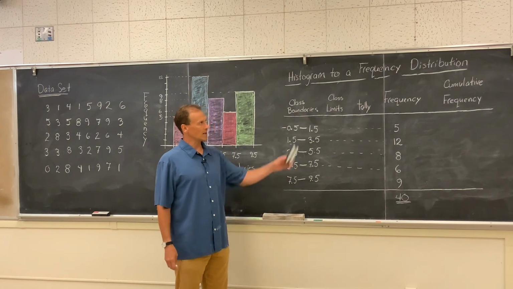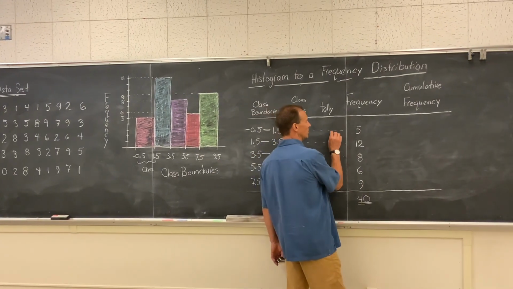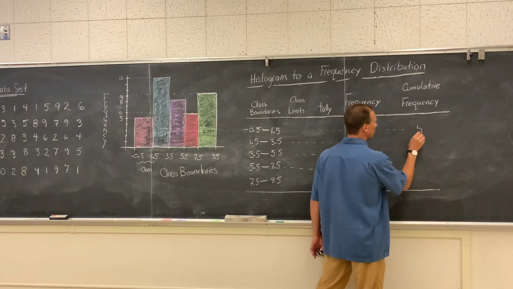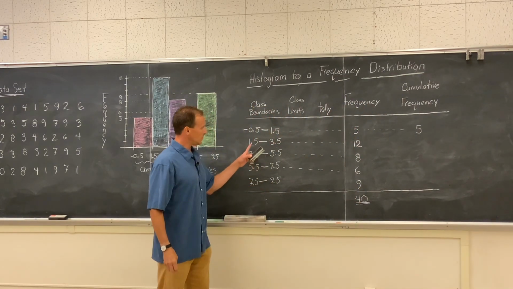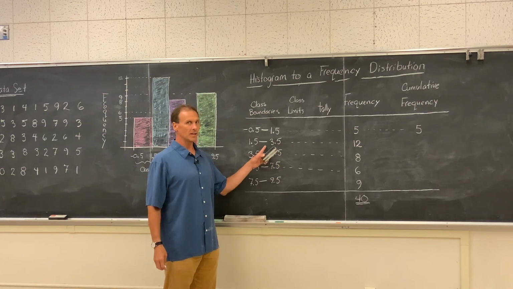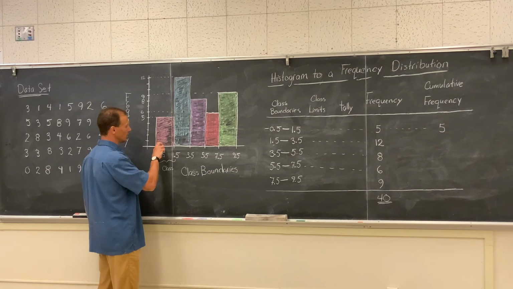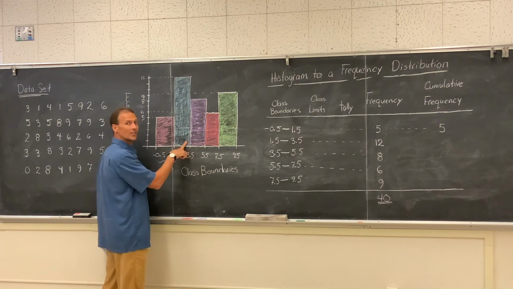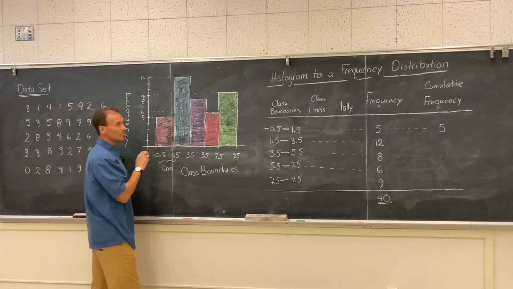And we would do that in our cumulative frequency column. So the cumulative frequency says, all right, we bring over this first column, we've looked at 5 data values. By the time we get to the second class, how many data values have we looked at? Well, we've looked at all of the data values in our first column, plus all of the data values in our second column. So we looked at 5 plus 12 more.